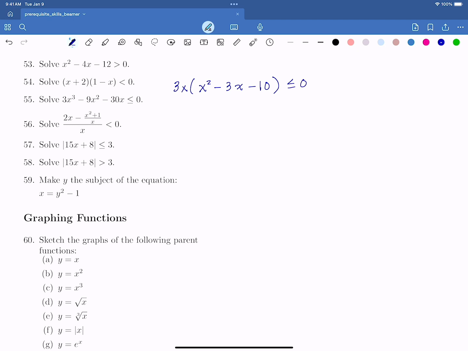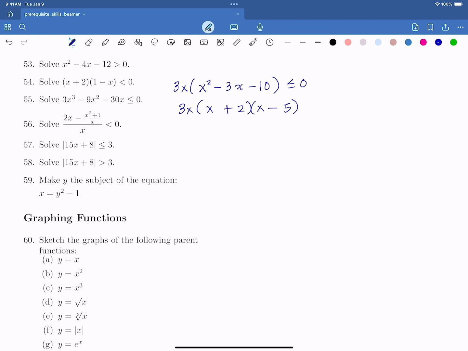All right, let's see if we can factor the quadratic expression further. 10 could be 5 times 2 or 1 times 10. I'm trying to get -3 in the middle. So it's going to be (x - 5)(x + 2).